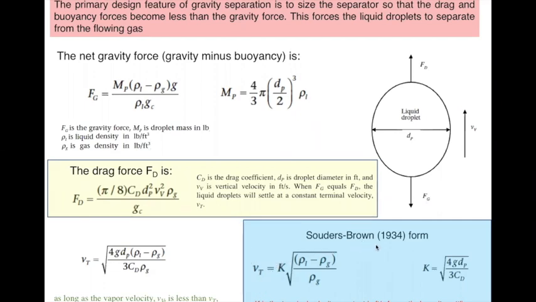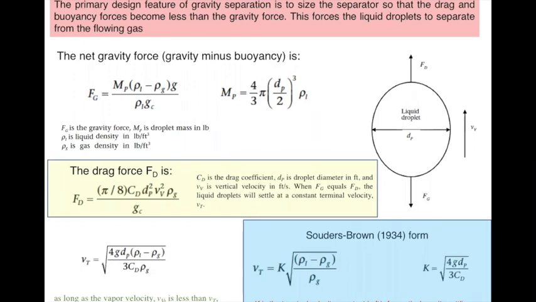This is the Souders-Brown equation given in 1934, and this Vt is telling you about the gas velocity, which is in the upward direction, that is Vv, the velocity of vapor, right? So if Vv is less than Vt, then the liquid droplet will go down by gravity, right? That means it will separate out from the gas. It will not be carried away by the gas.